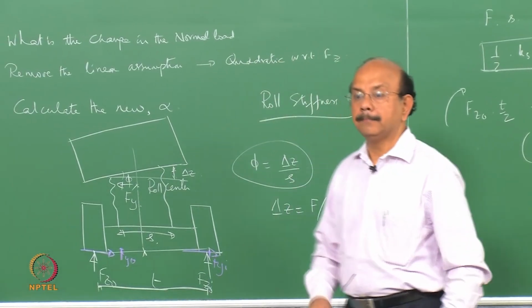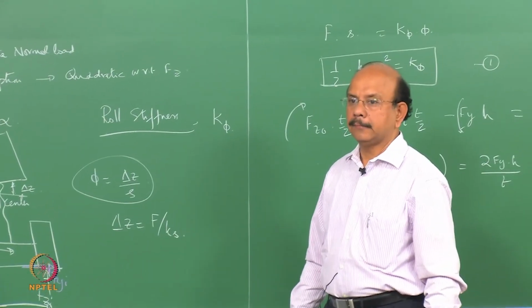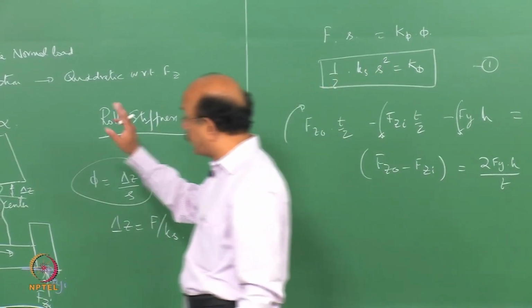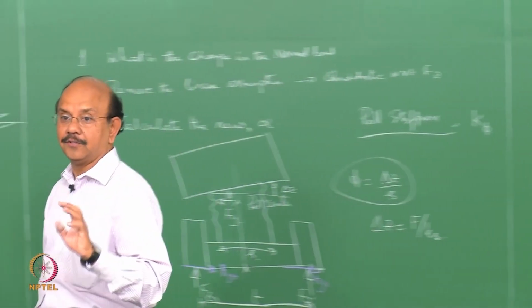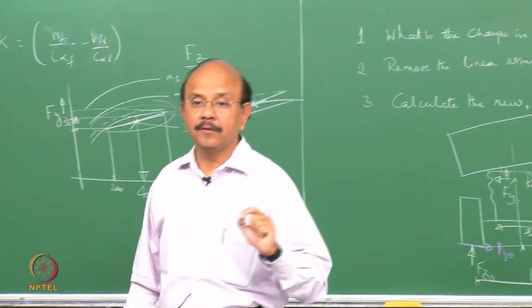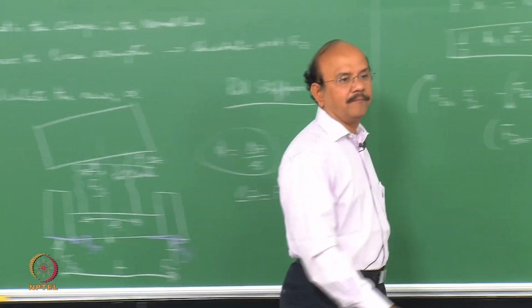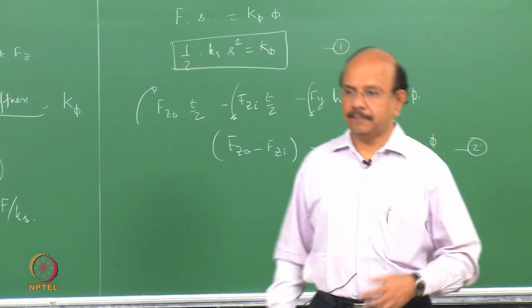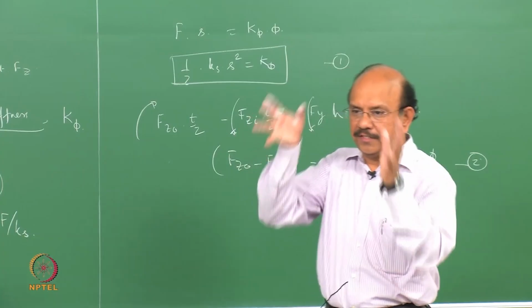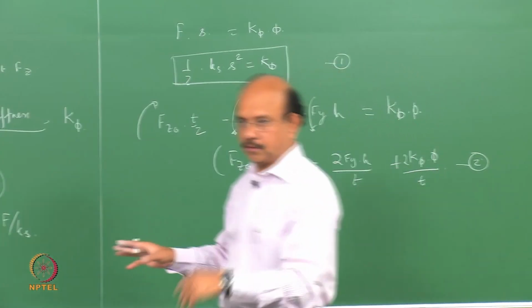Right? Is roll center same as center of mass? No, center of gravity locations are different. So the roll center is different from the center of gravity. Do you understand? It is the instantaneous center about which this rolls.